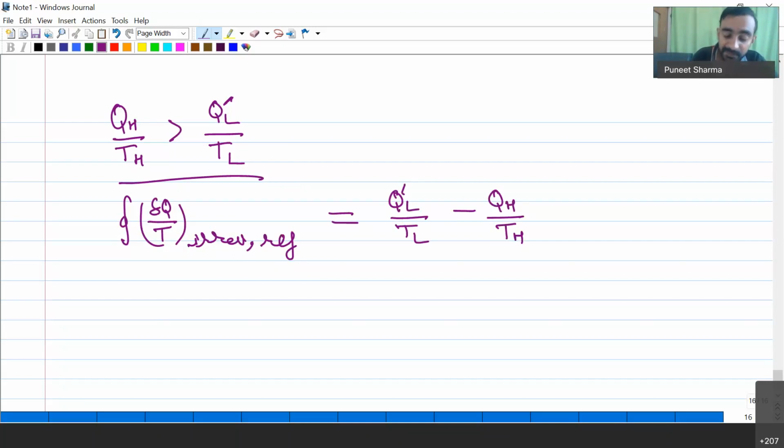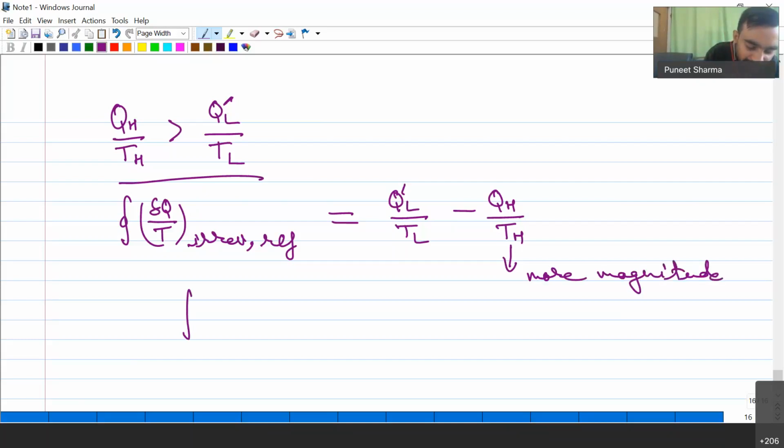Now, I am already saying that QH by TH is more in comparison to Q dash L divided by TL for an irreversible refrigerator. Because of that, once again this second term has more magnitude. So because of its higher magnitude, what will be happening?